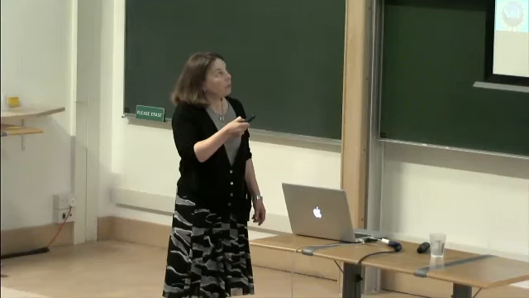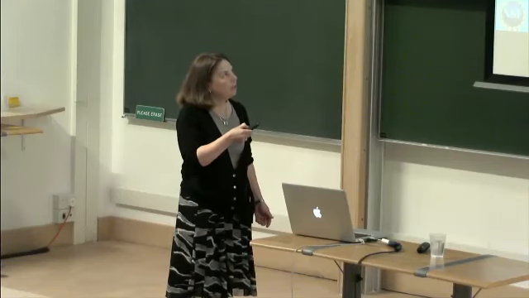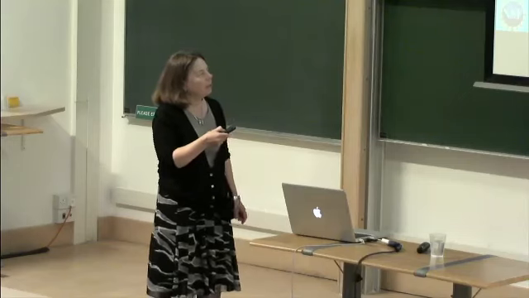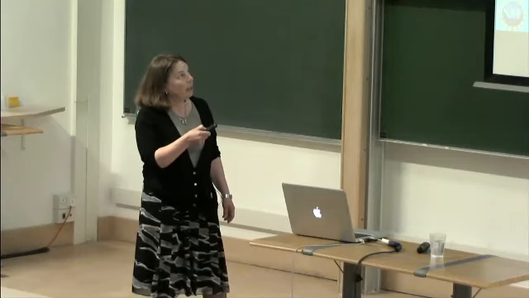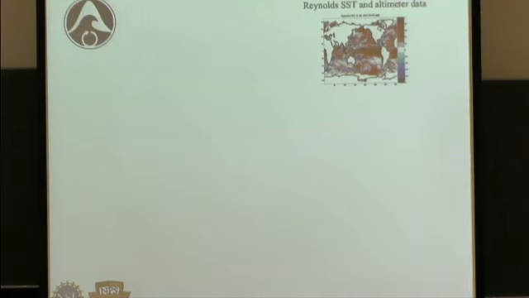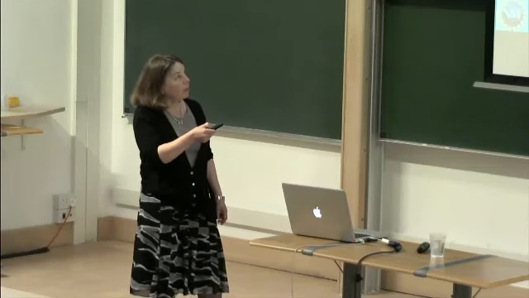This is about 15 to 20 years of information. I can't remember the exact time period, something like 18 years of sea surface temperature data and altimeter surface height data, looking at the relationship of SST to the surface height as a proxy for the heat content of the upper ocean.